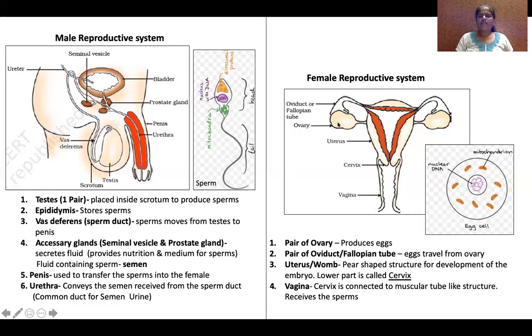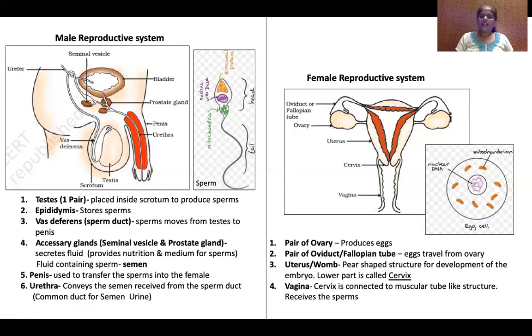Menstrual cycle means once the egg is released into the fallopian tube, it enters the uterus. If the egg does not get fertilized within 15 to 20 days of egg production, it starts disintegrating and dying.